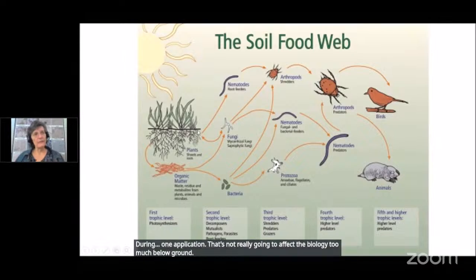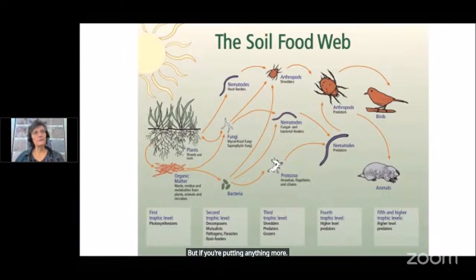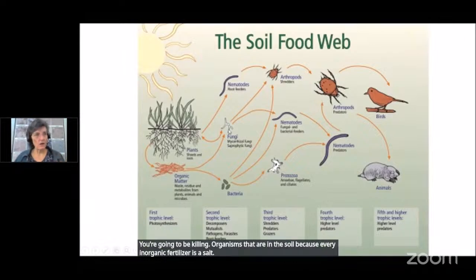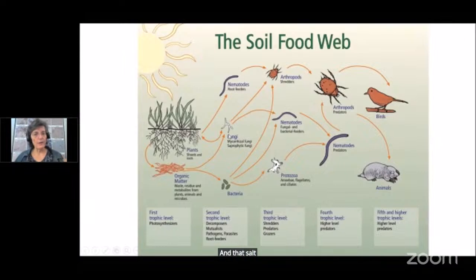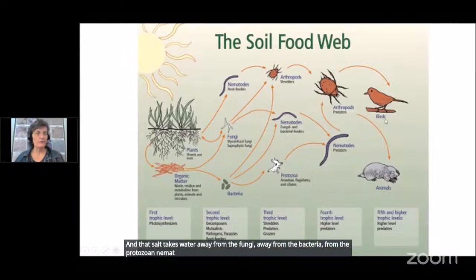But if you're putting on anything more than 100 pounds per acre, you're going to be killing these organisms that are in the soil, because every inorganic fertilizer is a salt. And that salt takes water away from the fungi, the bacteria, the protozoa, nematodes, microarthropods, the higher level predators, and it kills them.